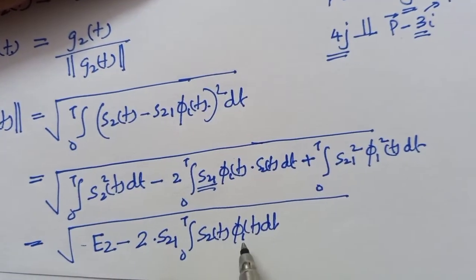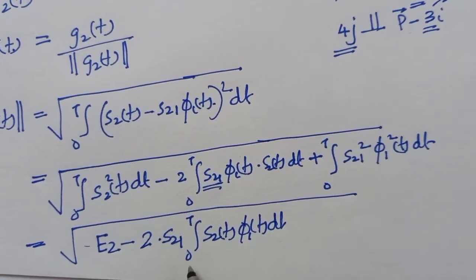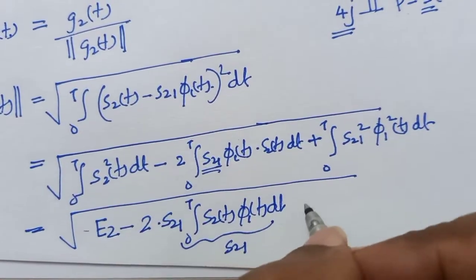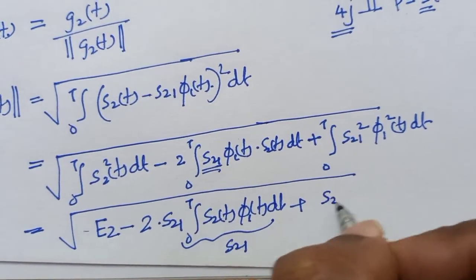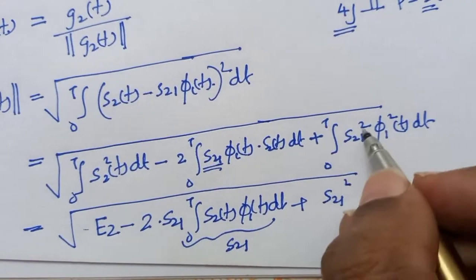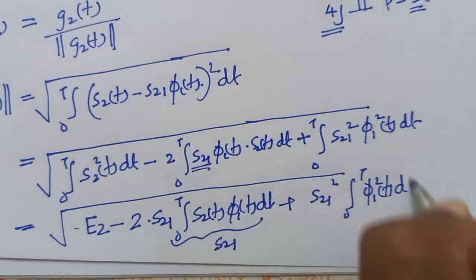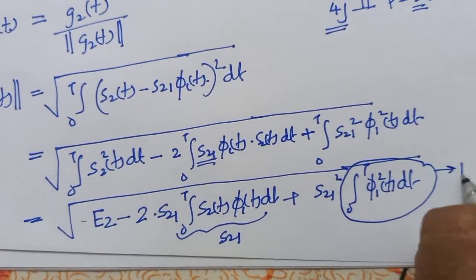What is the integral of s2(t) φ1(t)? This is the projection of s2(t) on the φ1(t) axis, so I will write this as s21. Plus s21 square is a constant, that is s21 square into integral 0 to T of φ1²(t) dt. We know that this is 1. Why?